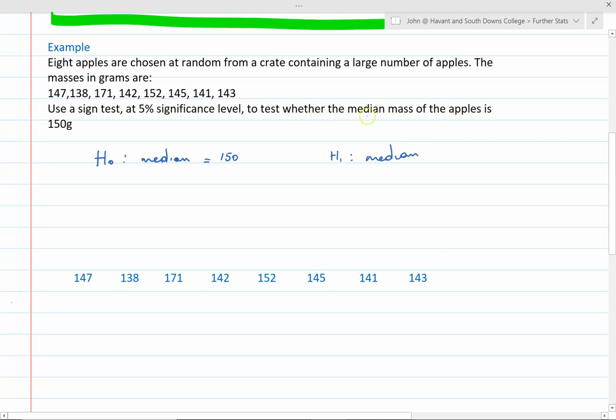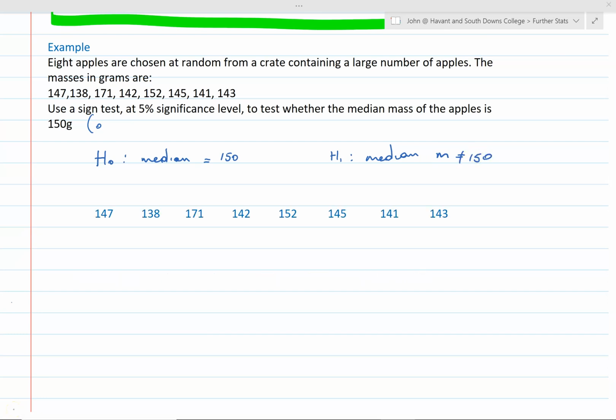We will test whether the median mass is 150 or not. The 'or not' is kind of implied. It certainly doesn't talk about an increase or decrease, so we need to go for a two-tailed test.